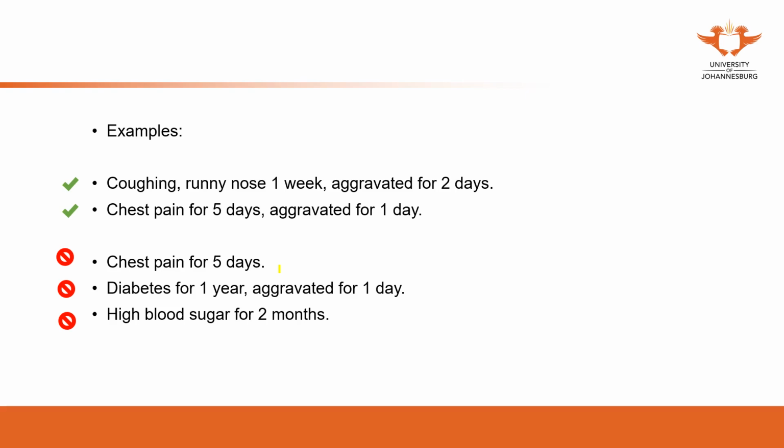The second is diabetes for 1 year, aggravated for 1 day. From this sentence, we understand that the patient comes to you because something went wrong or became worse since yesterday. That's why, for 1 day, they come to you.